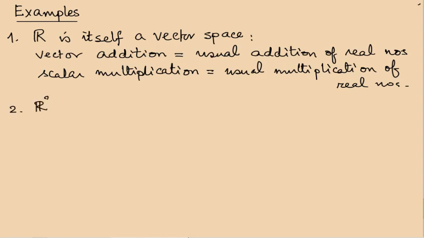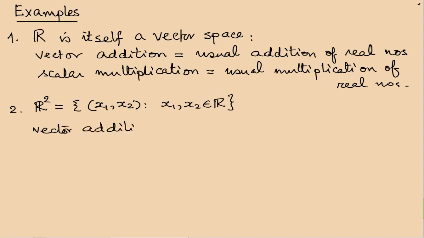R2. So it's a set of pairs. And what is the vector addition? It's component wise.